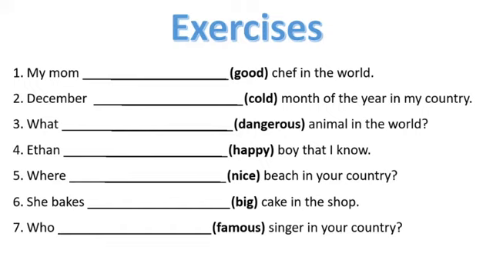For example, we have good, cold, dangerous, happy, nice, big, and famous. Now you have to check the adjective, and then you have to write: is it short? est. Is it long? The most. Okay, I'm going to give you some time, and then we're going to look at the answers.